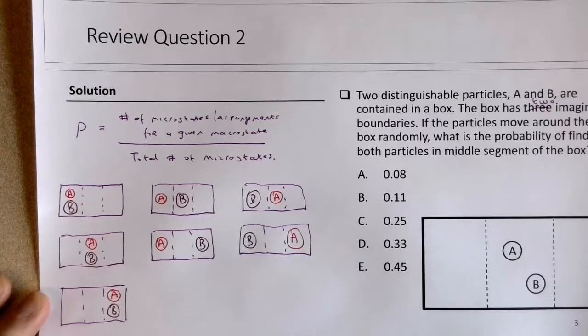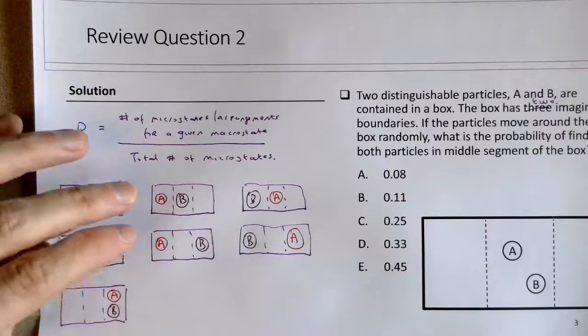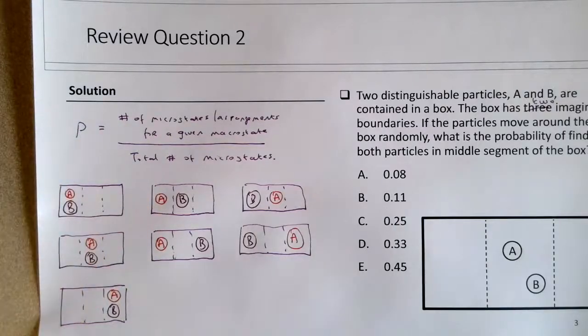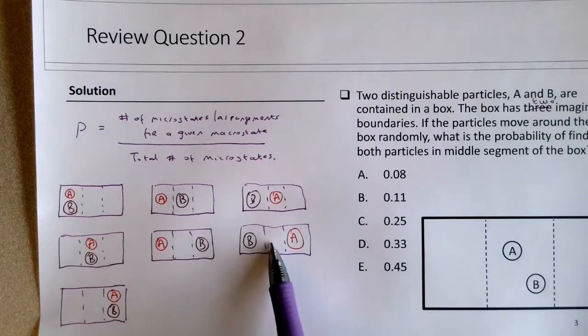And now I can think of doing similar things. I only have one case where I have A on the right, and then I can think about putting B in the middle.